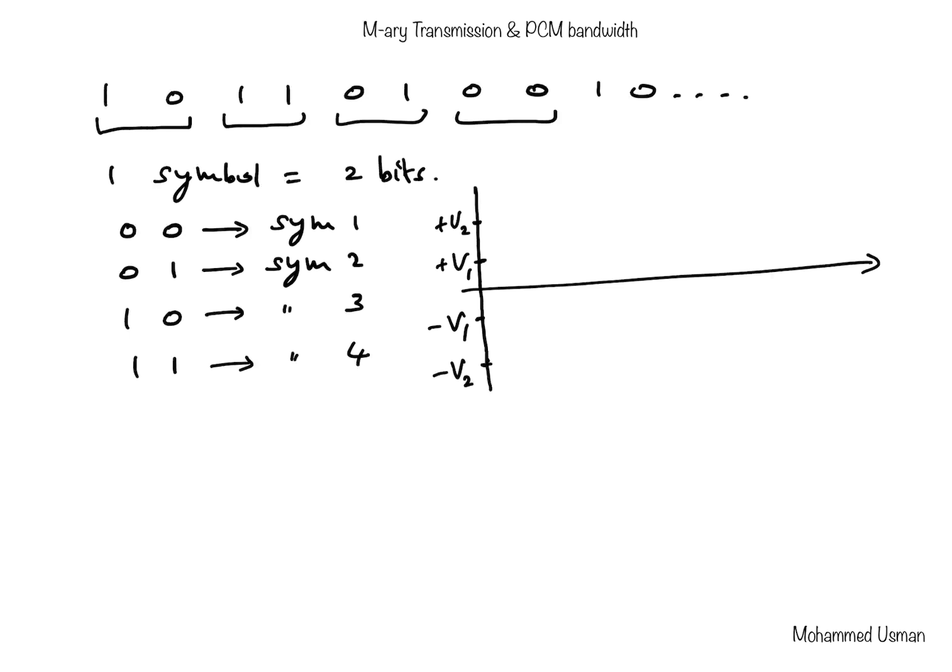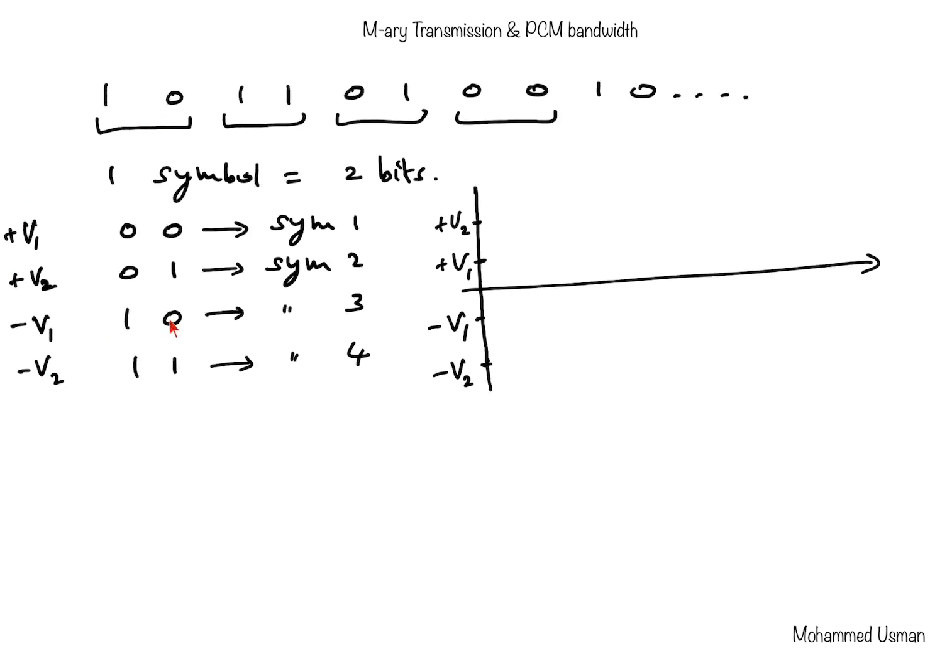We can represent, let's say, 0 0 by the voltage plus V1, and 0 1 by the voltage plus V2. I'm just arbitrarily assigning the voltages. 1 0 as minus V1 and 1 1 as minus V2. So when we get the data stream, we need to see what the bit combination is and map it to the corresponding voltage level that we have assigned.